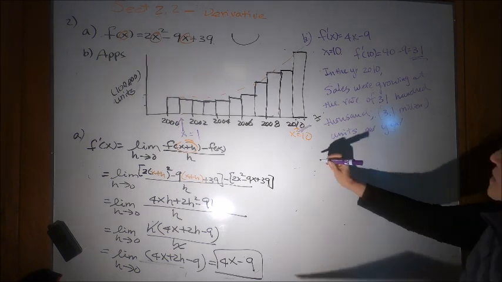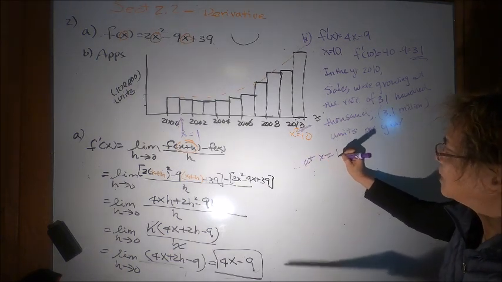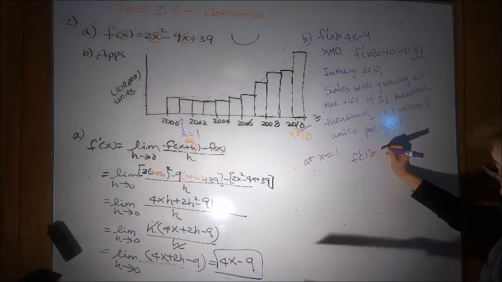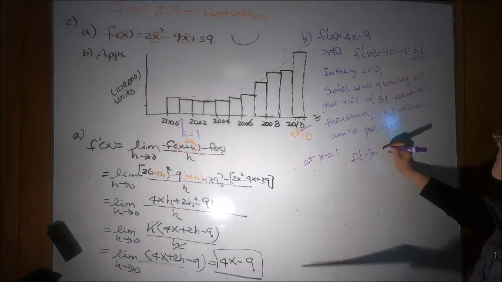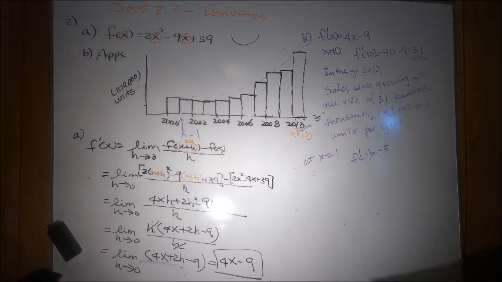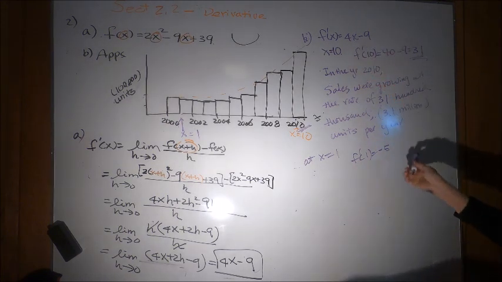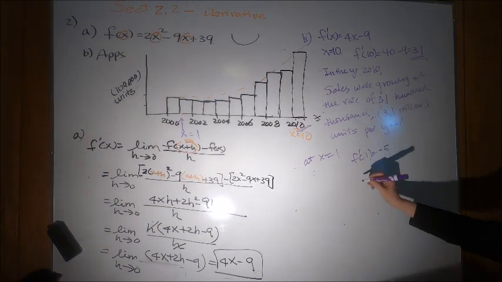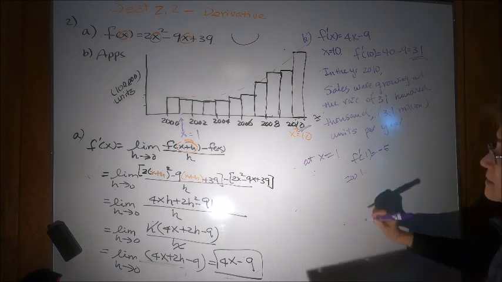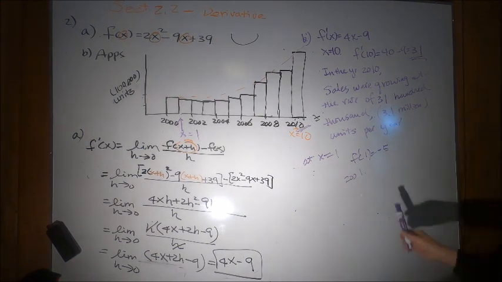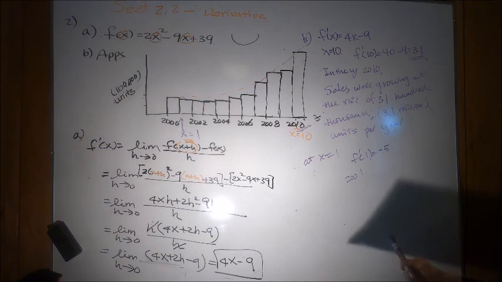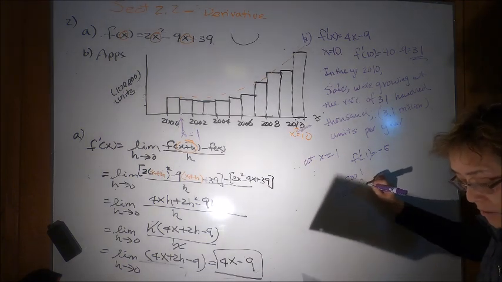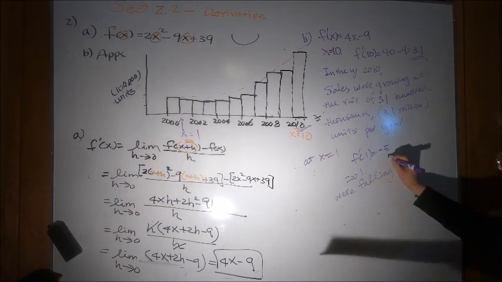Okay? Then look at x equals 1. So you plug in your derivative, 1, that would be what? -5. So 4 minus -5. So what is it saying? In the year 2001, Macintosh sales was what? Sales will fall, right? It will be falling, right?